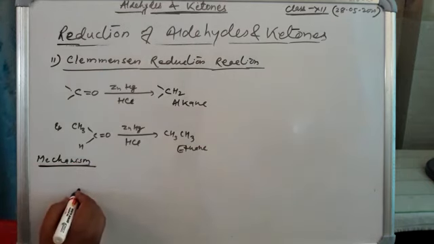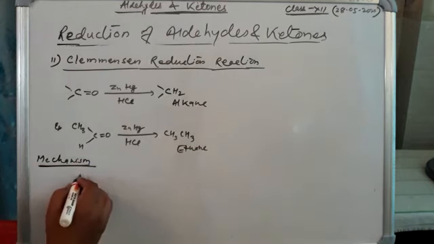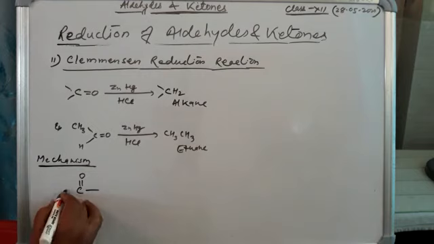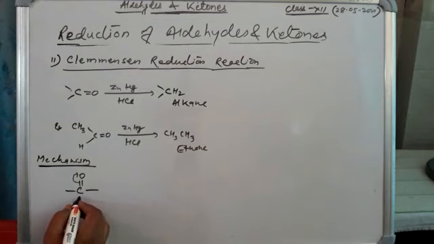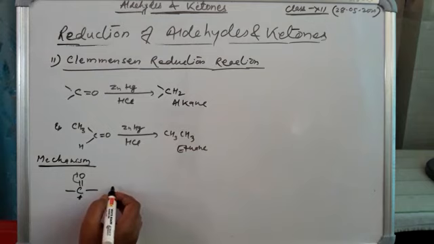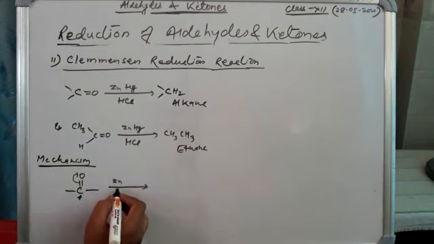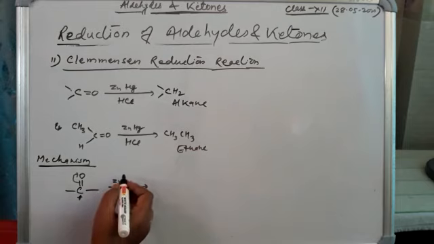At first, in the carbonyl group, in which a carbon-oxygen double bond is present, we know the pi electrons always shift towards the more electronegative atom, and a positive charge appears on carbon. What is the work of zinc? Zinc always loses electrons.